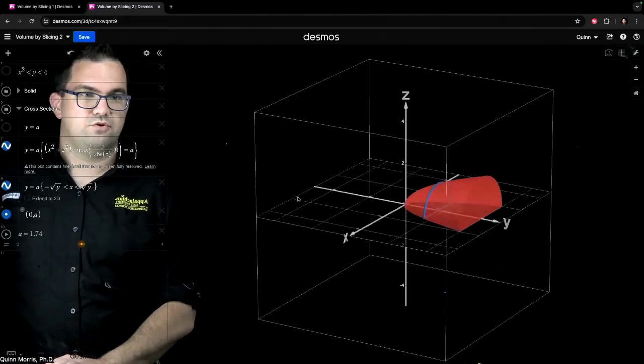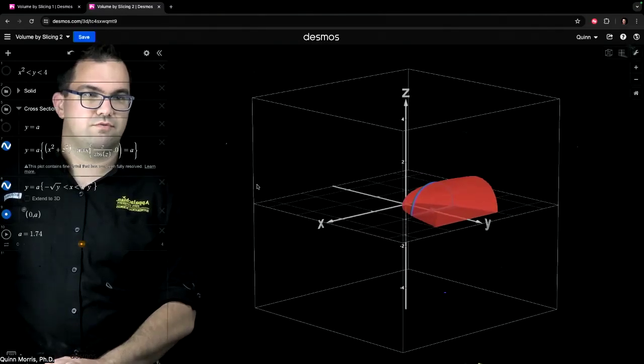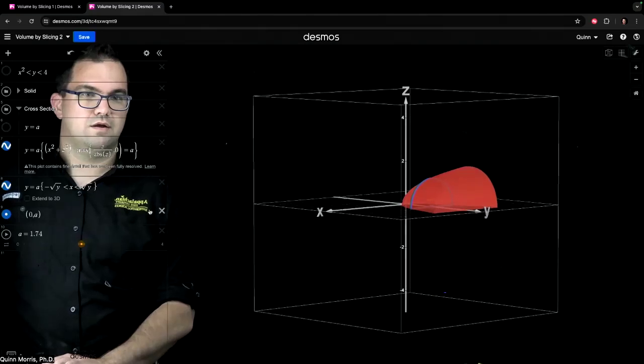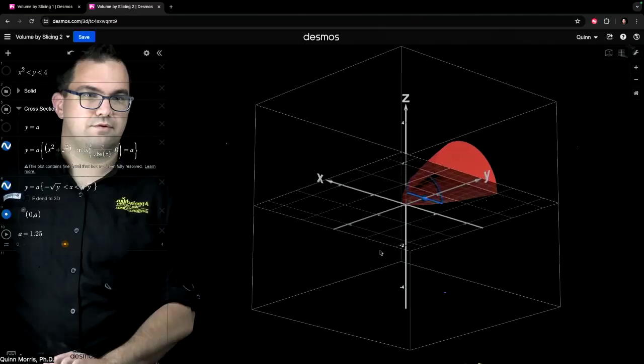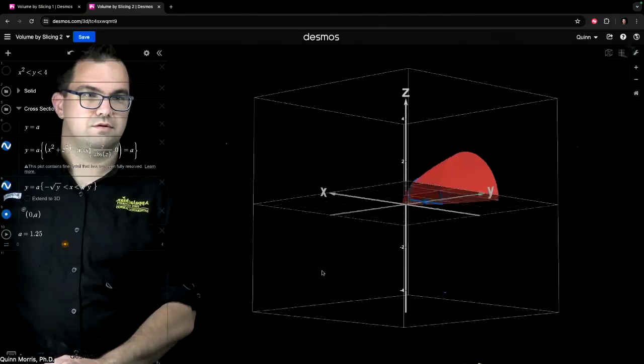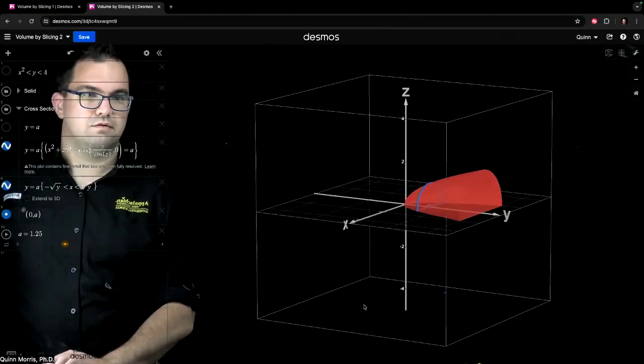If you think about those cross sections, you can hopefully see they all look like semicircles. So even as I move this A value here, this is just moving that cross section. You can see those are all semicircles.